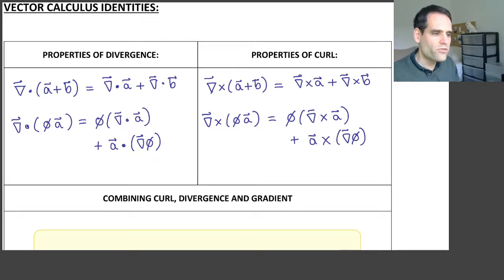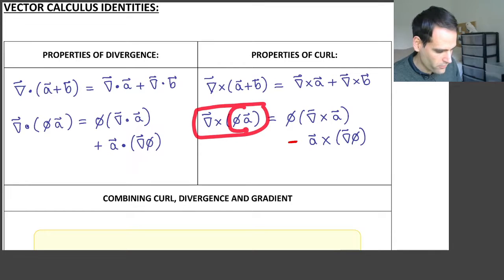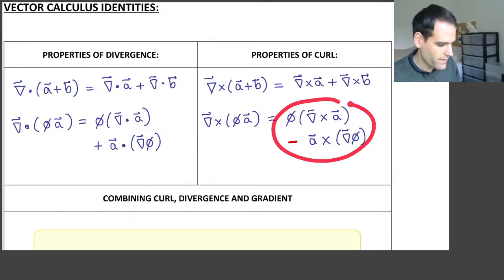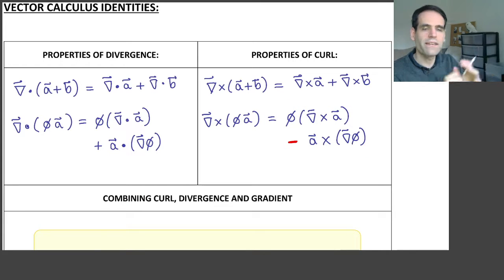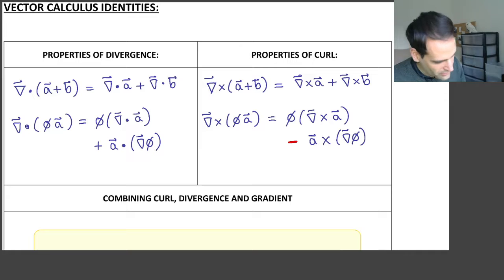The only thing where you would be wrong is that this has to be a negative sign. That can be proven by calculating the curl of this product and then calculating the right hand side, and you will see that the two things are equal if you substitute the actual derivatives. So there needs to be a negative sign here.